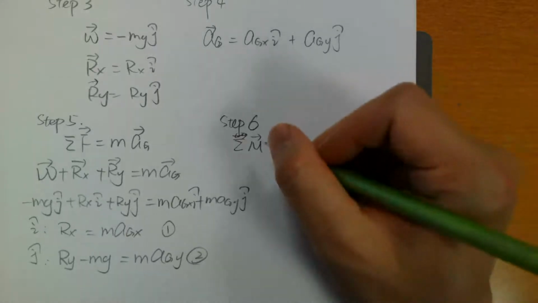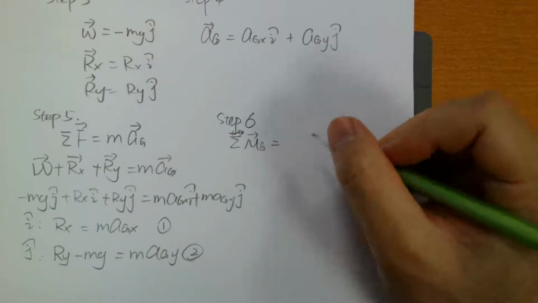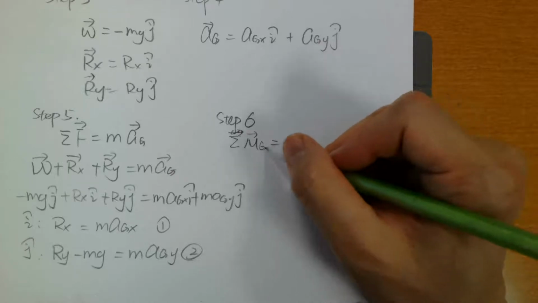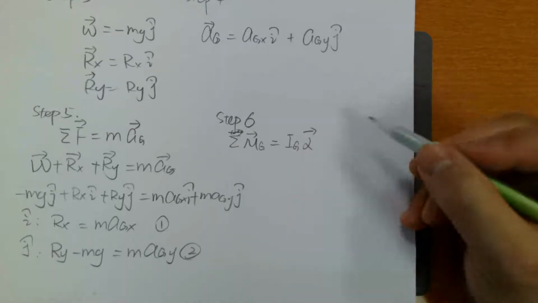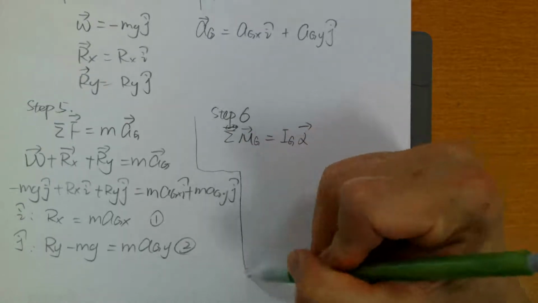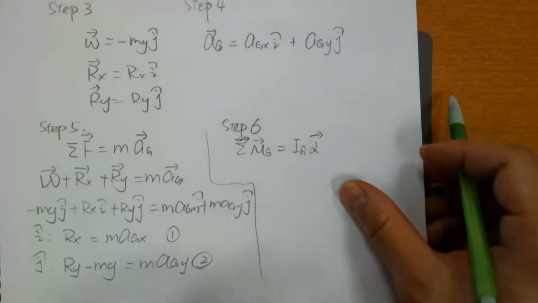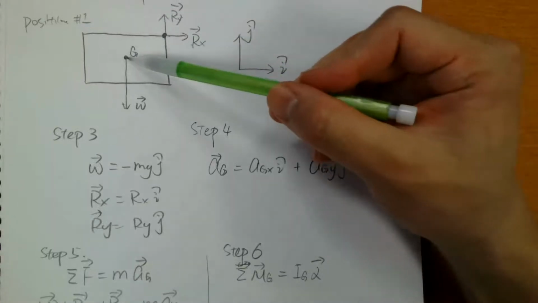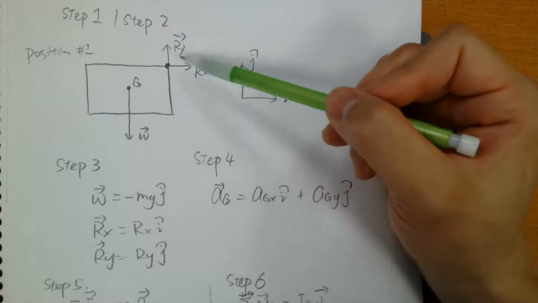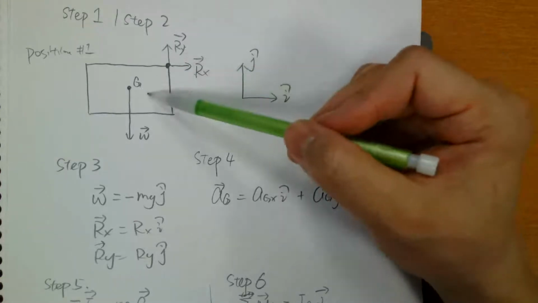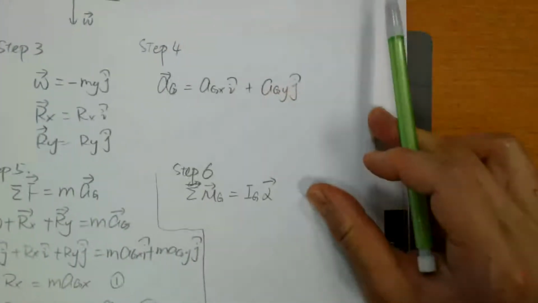So here I would pick the mass center G. So my Euler's equation is going to be sum of your moments about point G equals Ig alpha. Now let's look at all the forces that can cause moment about point G. Look at your free body diagram. So the only forces that can cause moment about point G are Rx and Ry. The weight force passes through point G, so no moments from the weight force.